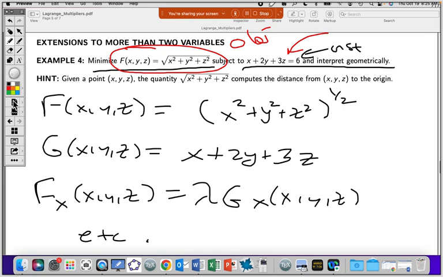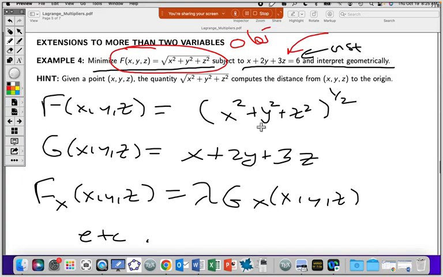Welcome in, Derek. All right. So the fx is lambda gx. So we're taking the derivative of something to the 1/2 power. So we're going to get that thing to the minus 1/2 times the derivative of that thing, all with respect to x. So what would fx be? Once we know fx, we'll be able to get the rest of them.